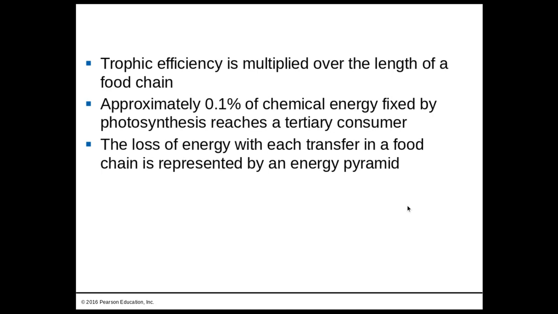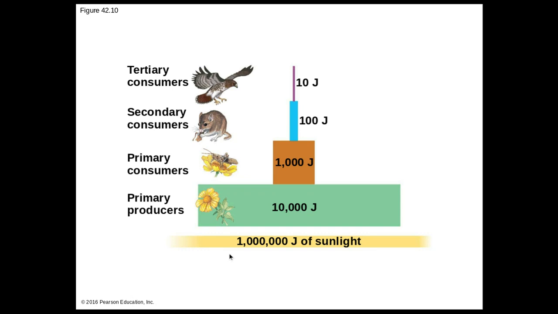And so we can represent this in what's known as an energy pyramid. You can see, even though we may have 1 million joules of sunlight, it decreases by 10%. And by the time we get to our tertiary consumers, they're maybe only getting 10 joules. This is a big part of the reason why, number one, we don't have a lot of tertiary consumers in general, and number two, we can only go up so many levels in a particular ecological pyramid.